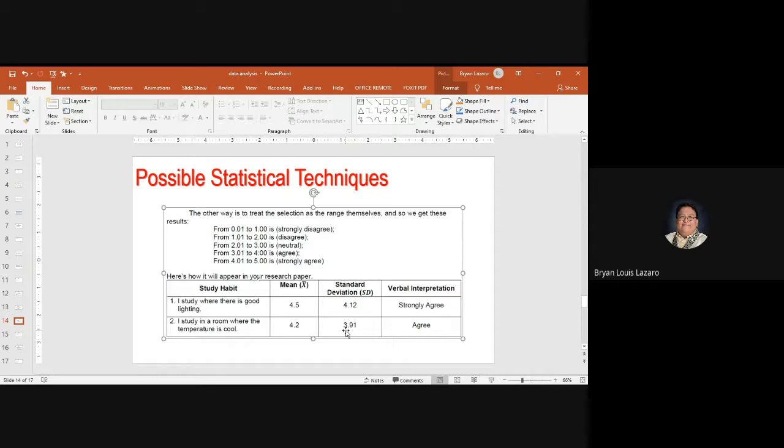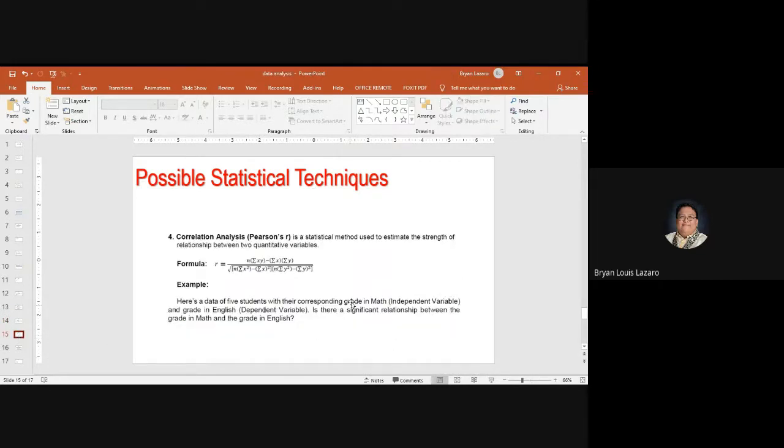Lahat ng data nyo may standard deviation, kasi yun ang i-interpret natin. Nandun si mean, nandun si standard deviation. Okay. So, let's proceed to the next. Ngayon, eto na. There are questions in your study na: is there a significant correlation between this variable and this variable?